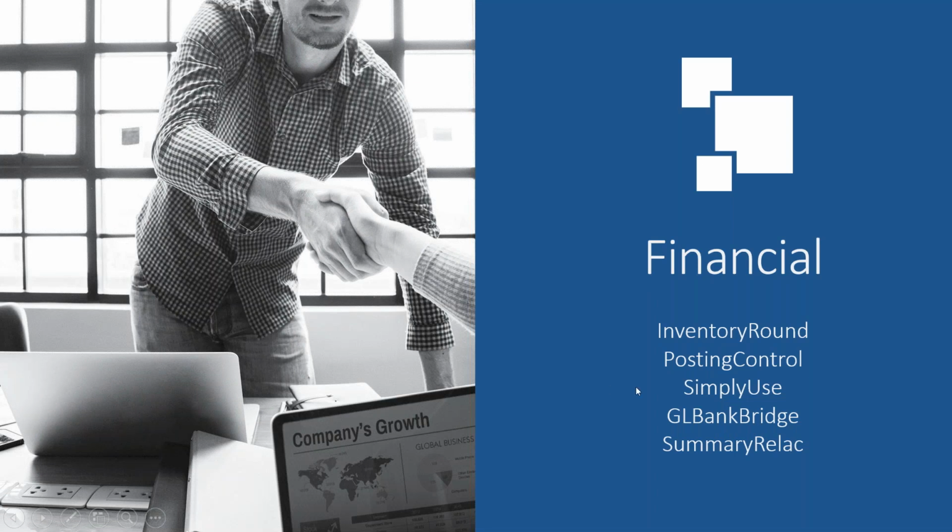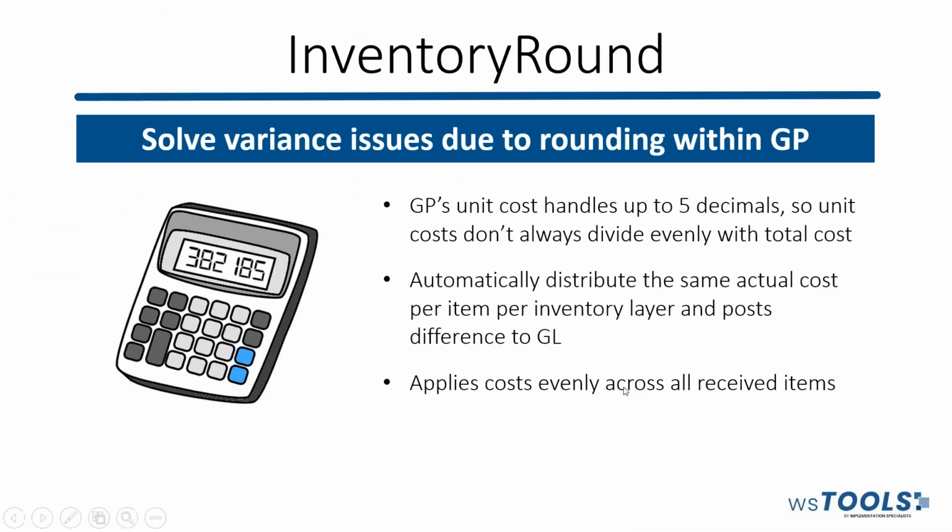So the first one is inventory round. This one is great for customers who receive inventory items in quantities and dollar amounts that end up with decimal place or rounding issues. So let's say 3 items for $100. That just doesn't divide evenly, right? You're off that penny. And again, you could talk larger dollars, which would be much more than a penny.